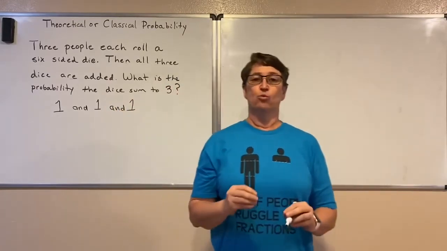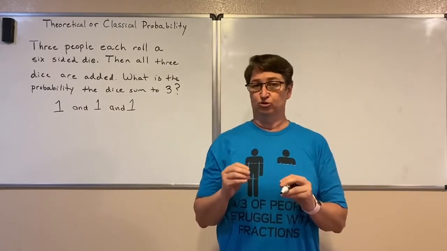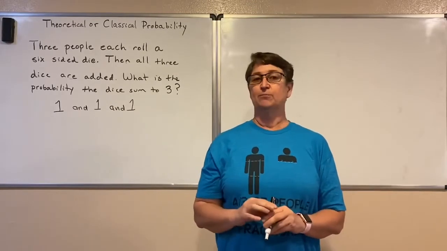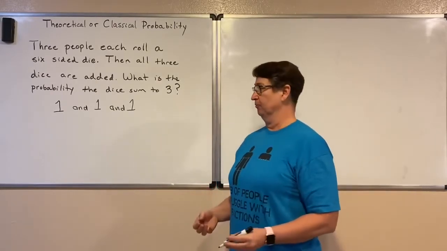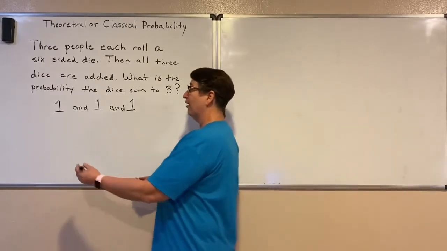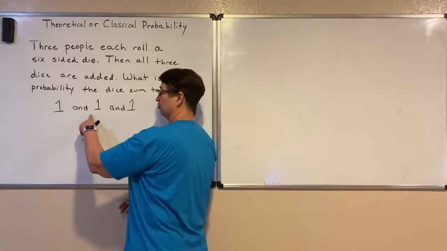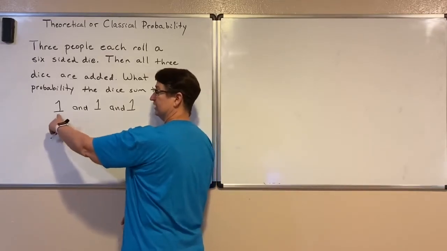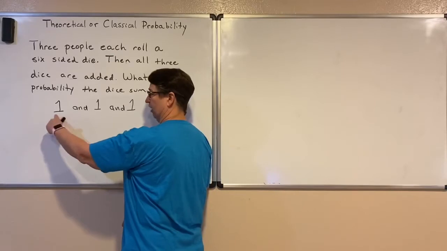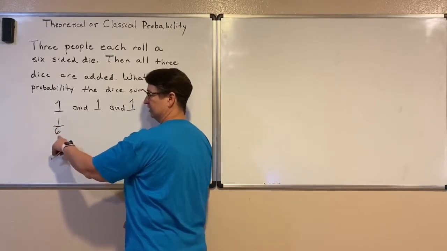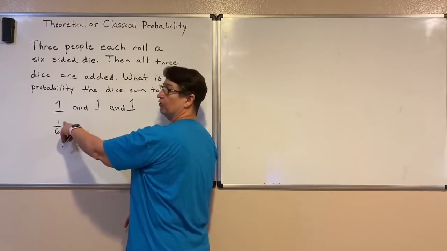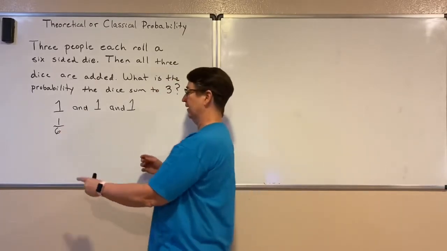Once you have the how to do it in words, then it makes finding the probability of each thing a little bit easier. So now I can find the probability that each person rolls a 1. The probability that this person rolls a 1 is 1 out of 6, because there's 6 sides on a die, and there's 1 one on that 6-sided die.